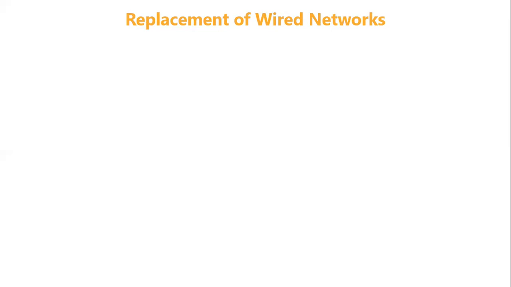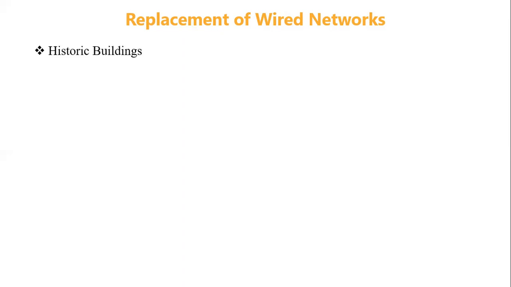Similarly, there are many other applications where, due to economic reasons, wired communication is not possible. For example, weather forecast, earthquake detection, or any other application which provides information about the environment.